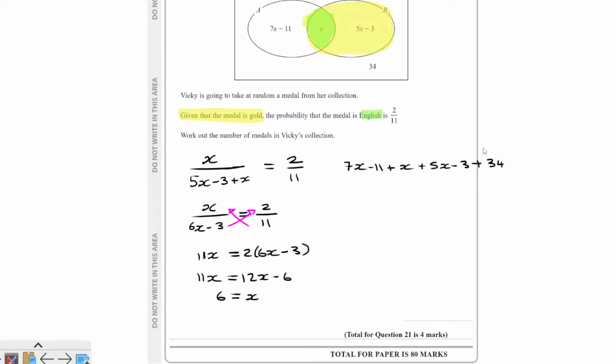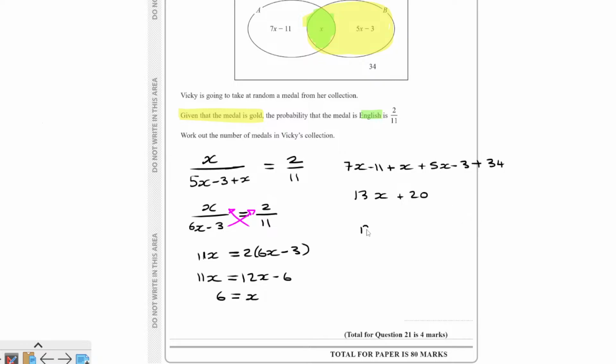Now, because I know what x is, do you see how I could sub that in? Now, let's just simplify it first. So 7x plus x is 8x, plus 5x is 13x. And then we have minus 11, minus 3, plus 34. So that's minus 14. So that would be what, plus 20?